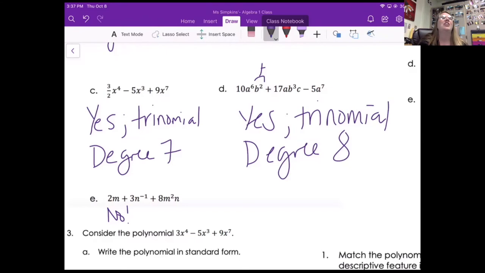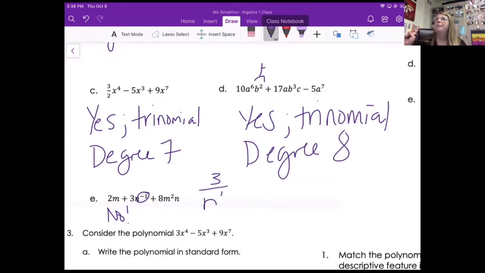What do I have to do to change this negative exponent? Put it in the denominator. Now there is a variable in the denominator of the fraction. So it is not, because it has a negative exponent, and that negative exponent tells me that there's going to be a variable in the denominator.